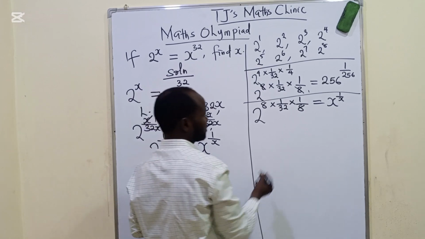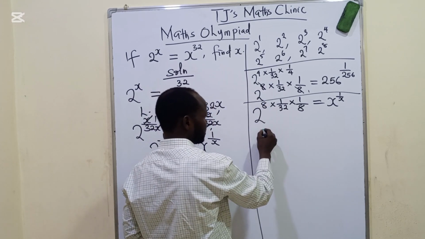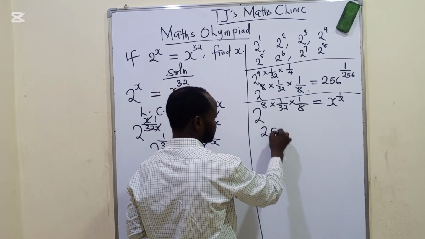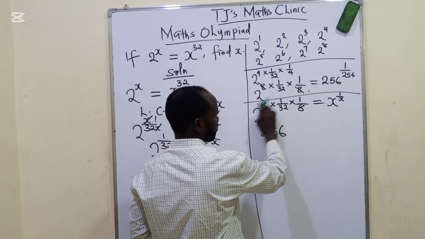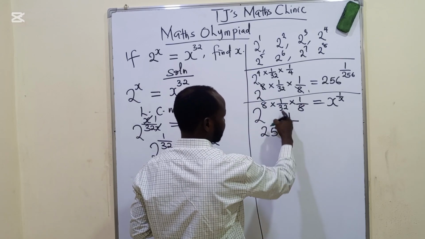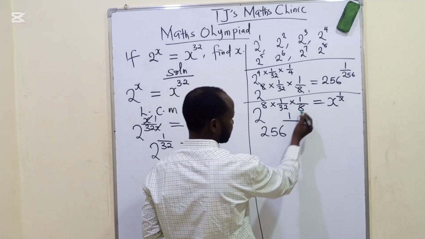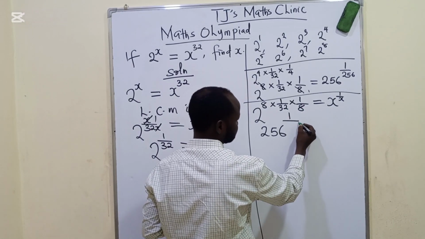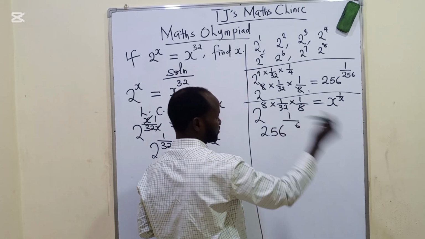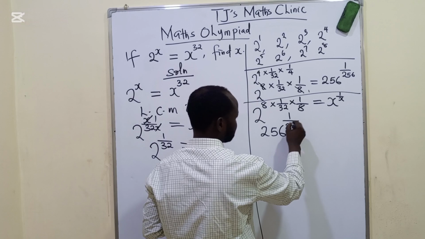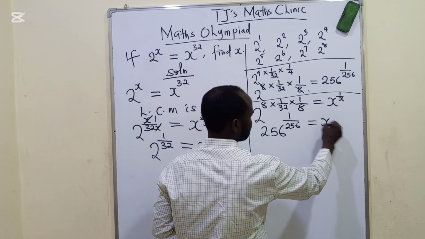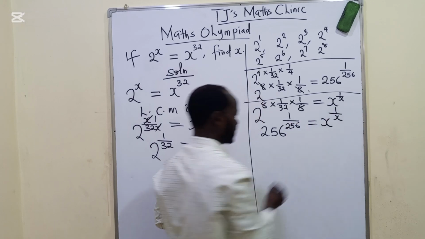Okay? So at this point here, we can say 2^8 is 256. 1 times 1 is 1 divided by 32 times 8, of course, is 8 times 2 is 16, put 6 carry 1. 8 times 3 is 24 plus 1, 25. That will be 256, equals x^(1/x).